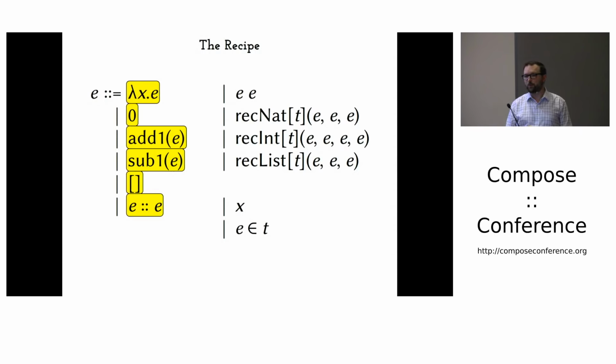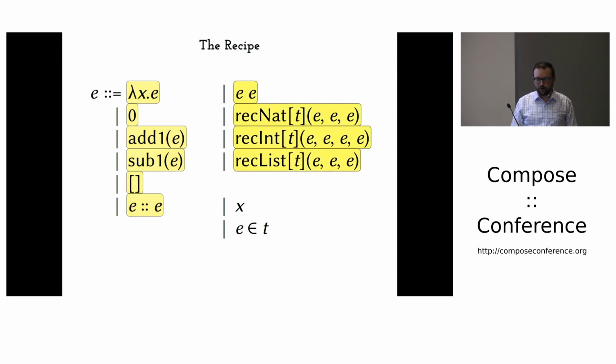So all of these are what are called introduction forms or introduction rules. That is to say, they're the things that allow us to make something new of that type. So when you add a new type to your language, you say, what are its values going to be? What are the fundamental things that build it up? These are your introduction forms. And if you do these in checking mode, then you'll be safe.